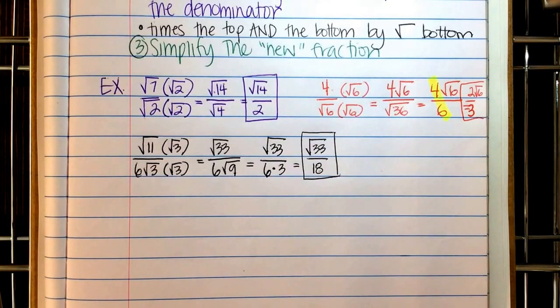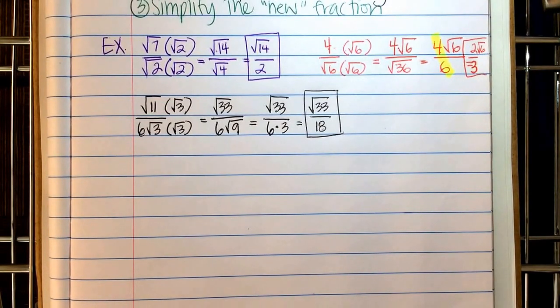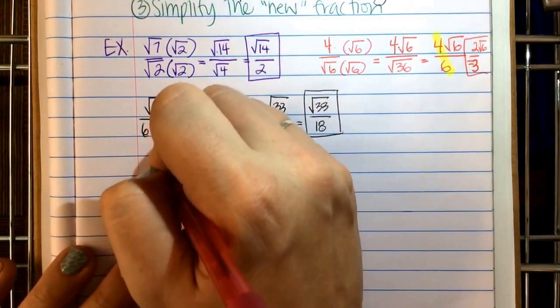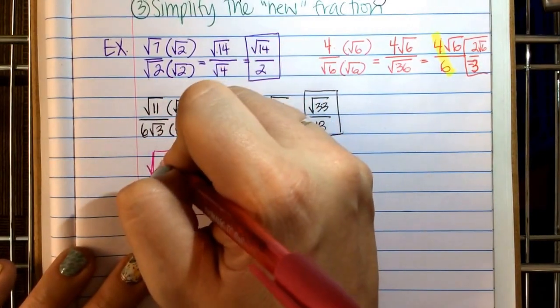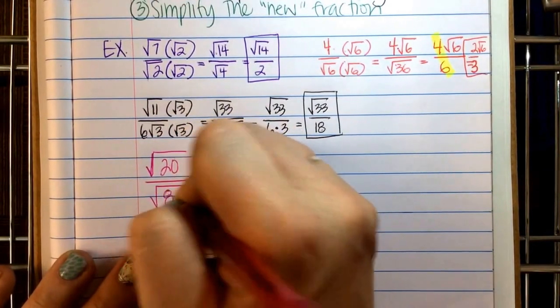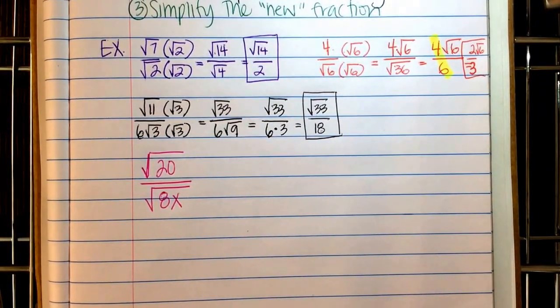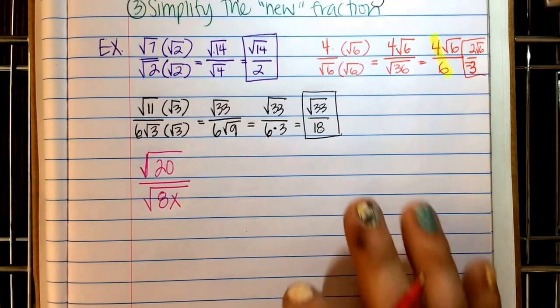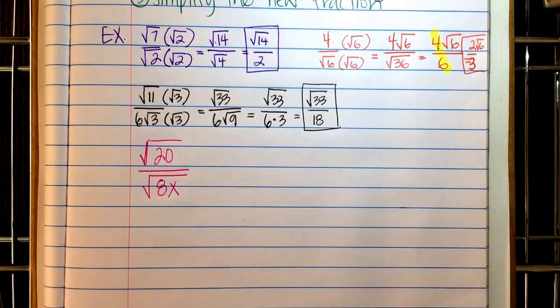Let's do one with a variable. So let's do radical 20 over radical 8x. Now here's a slight difference. I know it also has a variable. But could this simplify?